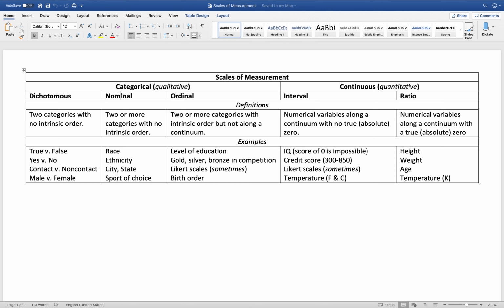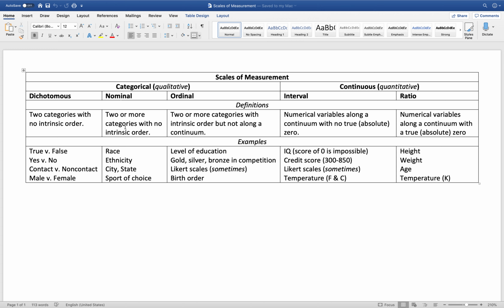Next, we have nominal measures. Nominal measures are variables that have two or more categories with no intrinsic order. Very similar to dichotomous, as you can see, right? Two categories in dichotomous with no intrinsic order, but in nominal, it's two or more categories with no intrinsic order.